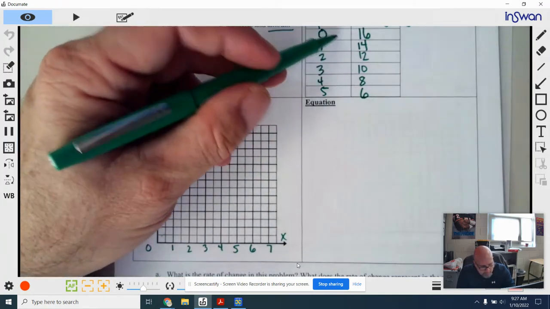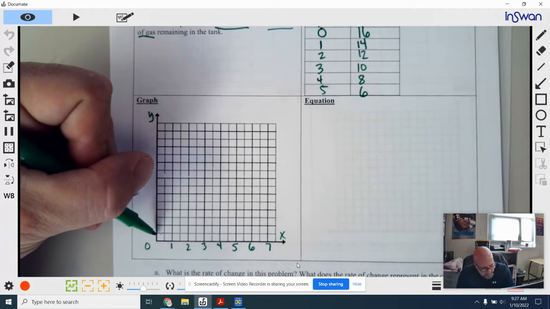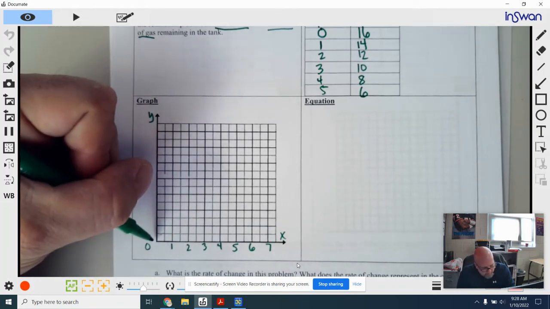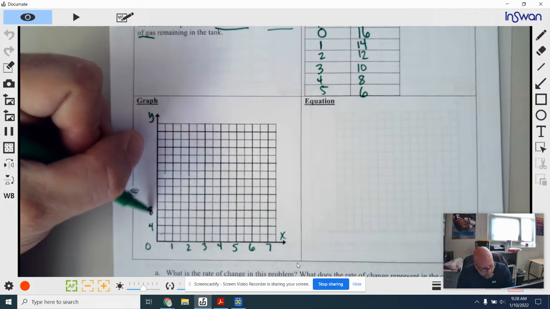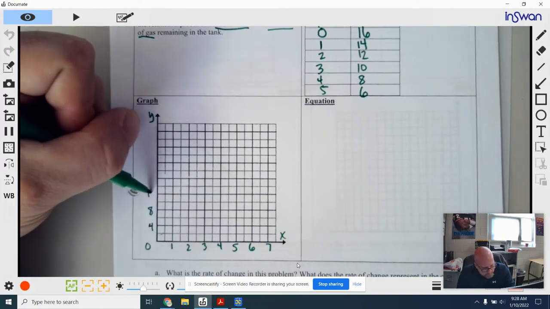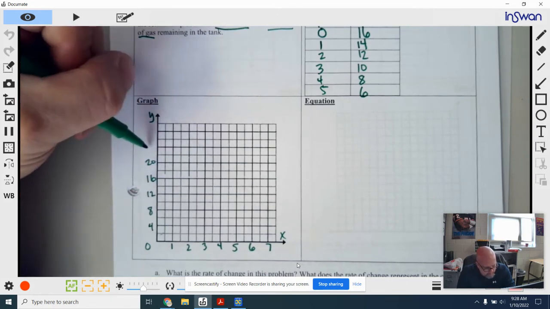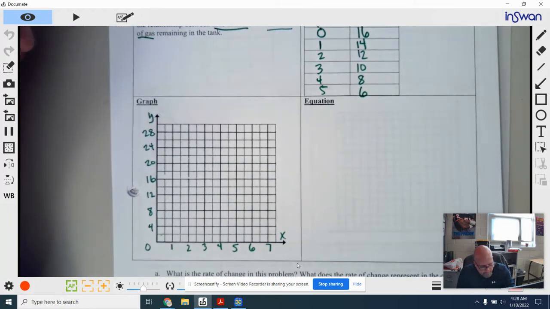Because I do want to show this 0, 16, I'm going to change my scale a little bit. Instead of every box being 1, every box is going to be 2. So 2, 4, 6, 8, 10, 12, 16, 20, 24, 28, and so on.